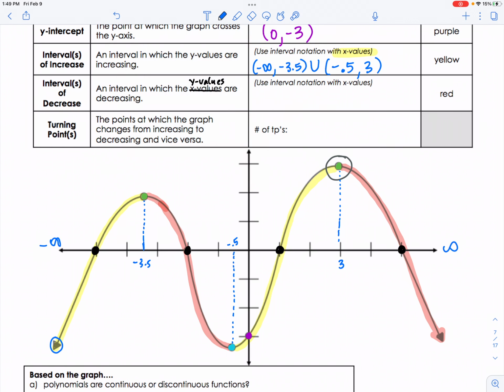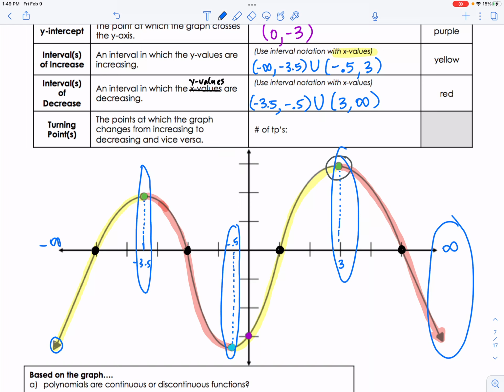So the interval at which we're decreasing is from -3.5 to -0.5, and from 3 to infinity. This is very important for pre-calc or any higher level math: being able to identify where graphs are increasing and decreasing.